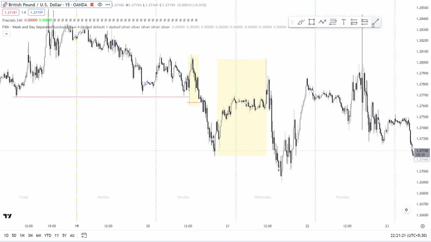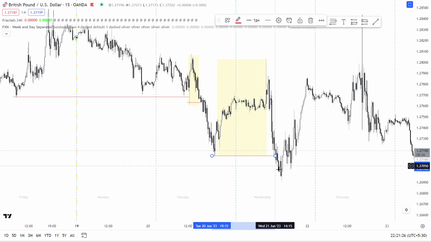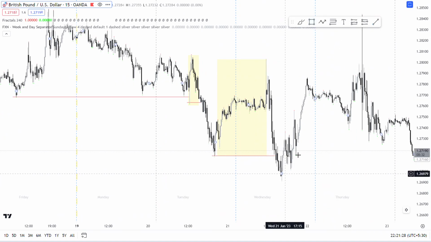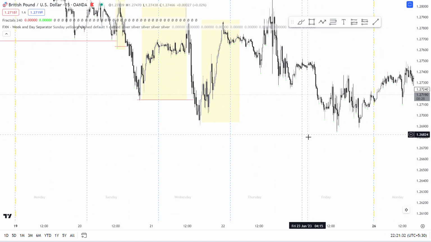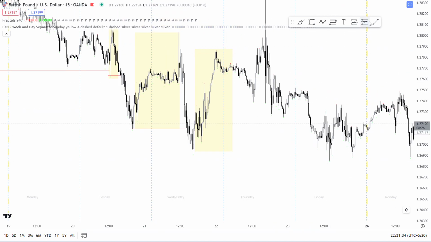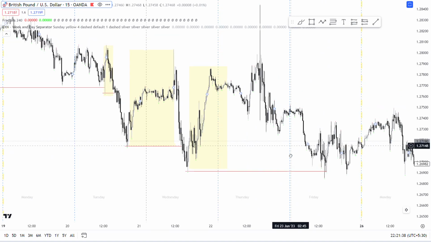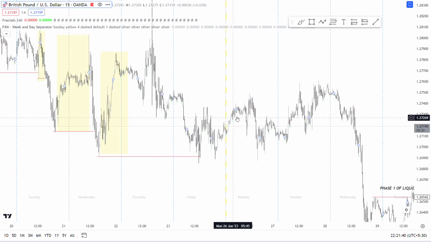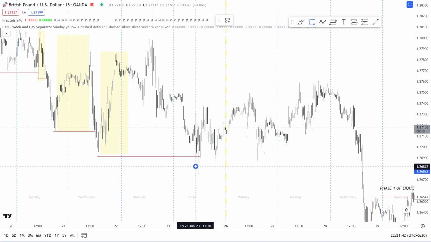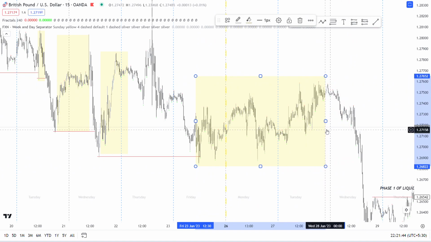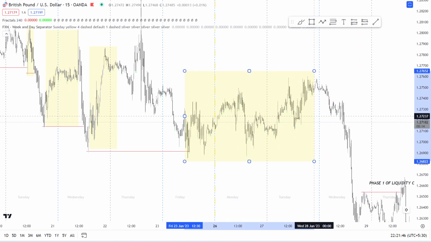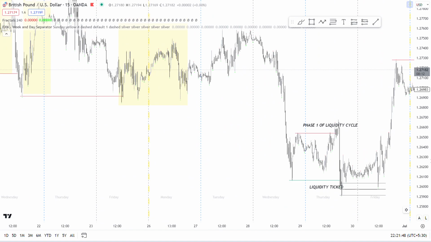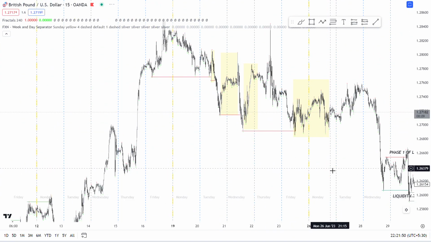Again, after taking this liquidity, we got a very good push in the markets. Again, after taking the liquidity, we got a nice push. So if you see how the market is moving, we know how to catch the entries.